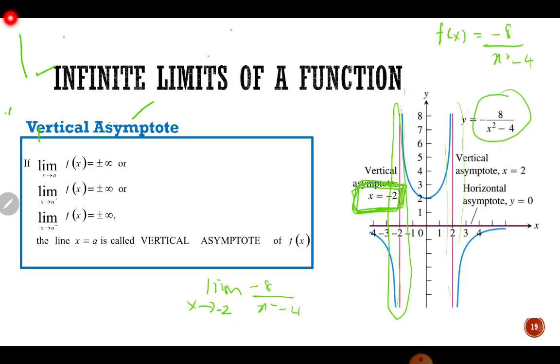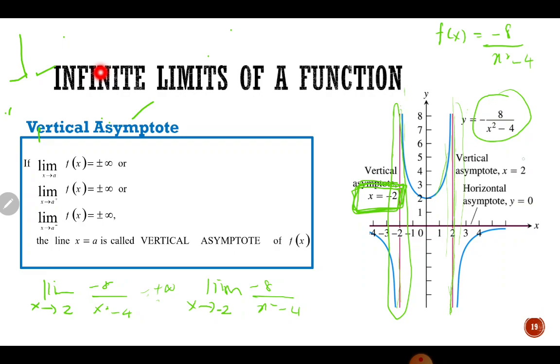Sama juga kalau limit x approaching 2 of -8 over x square tolak 4, you akan dapat positive negative infinity, depends on your from the left or from the right. Apa yang tu kita tak kisah, cuma kita nak bagi tahu value dia ni at this particular value it never cross, graf biru ni tak akan sesekali cross the pink or the red line.